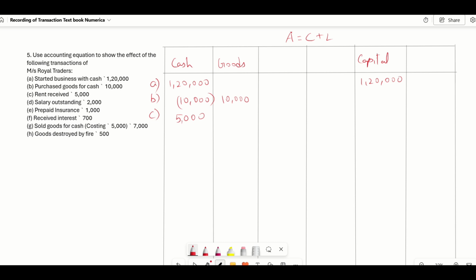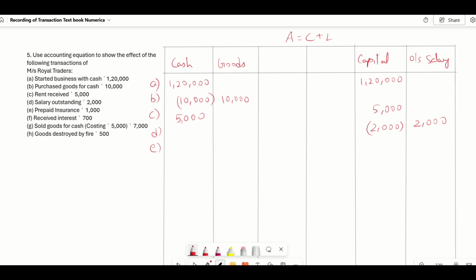So I'm adding it to the cash, and it's an income, and I'm adding it to the capital as well. Then comes salary outstanding 2,000. So outstanding salary means a salary that is yet to be paid. So it is a liability. So we'll write it here. So 2,000. That is an expense, right? So that will be deducted from the capital.